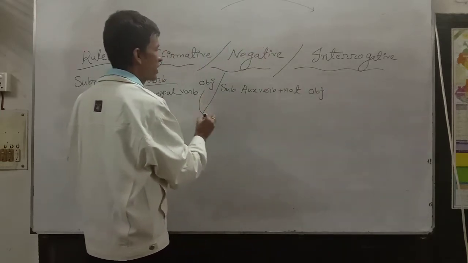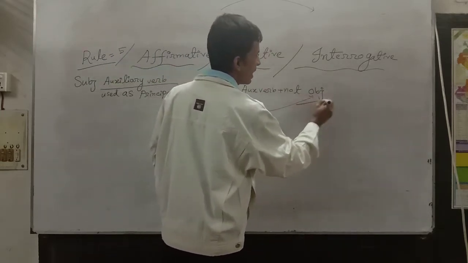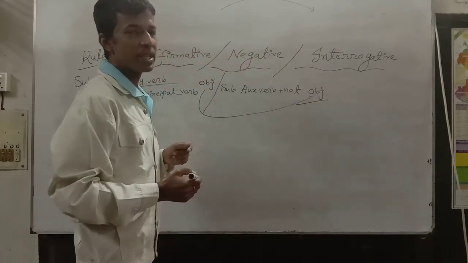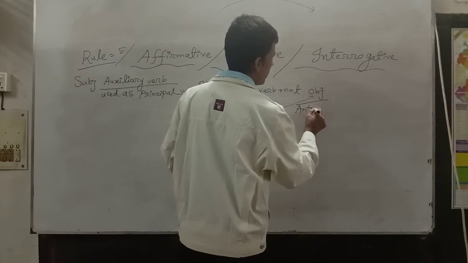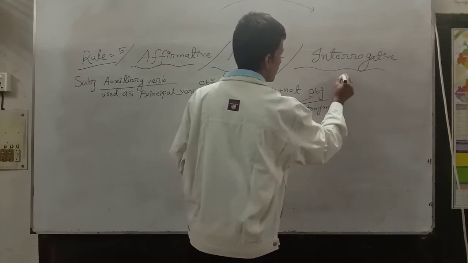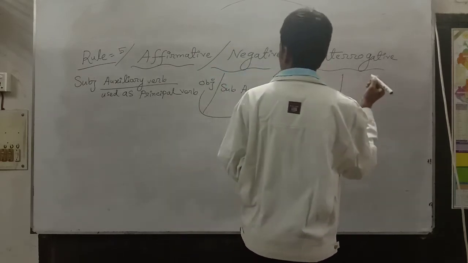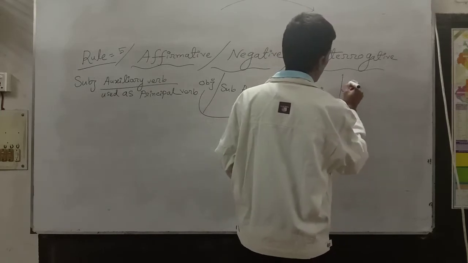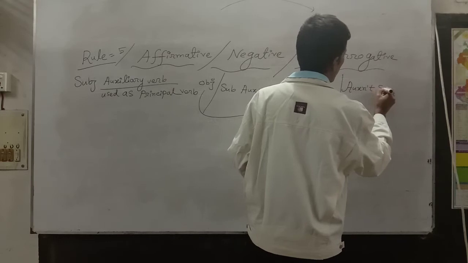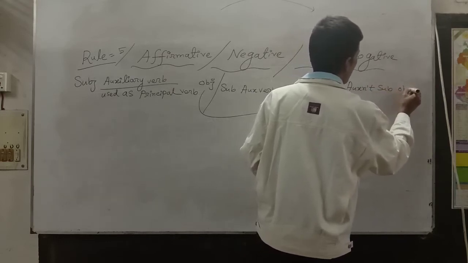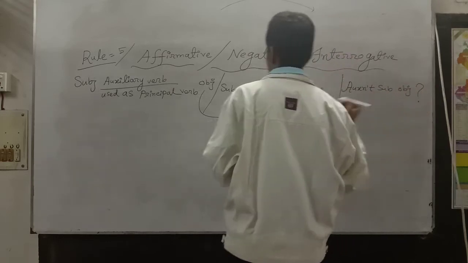But this object will definitely be the antonym of the affirmative object. Here, an antonym must be used. In the interrogative part, you will have to write first the auxiliary including not, then the subject, and at last the object.